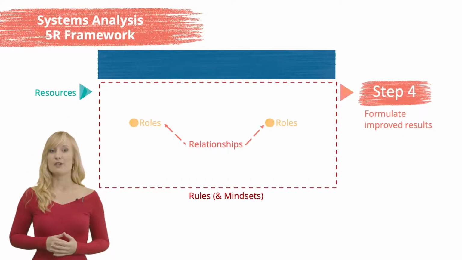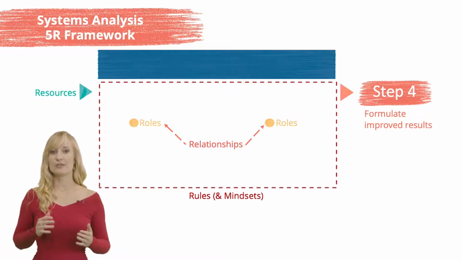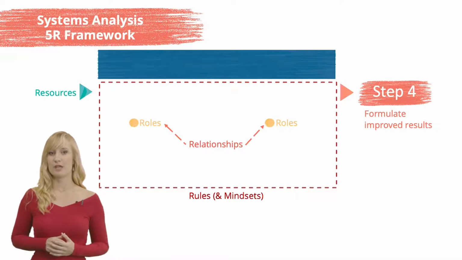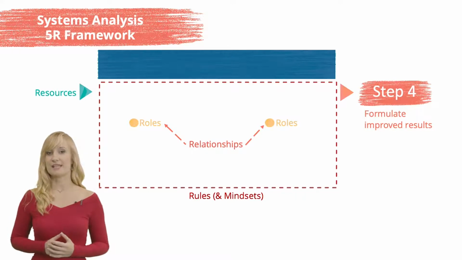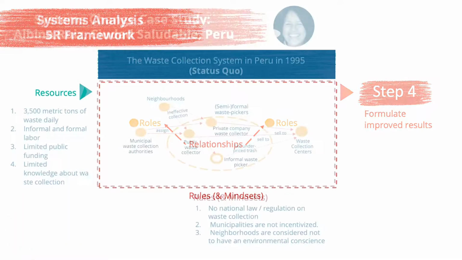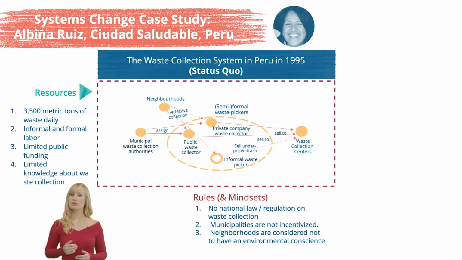In step 4, we start by stating which current results of the system need to be improved. You can do so by adding, changing, or removing the formulations of the results in the status quo. So, how could our social entrepreneur Albina change the definition of the results being produced by the existing system of waste collection in Peru?